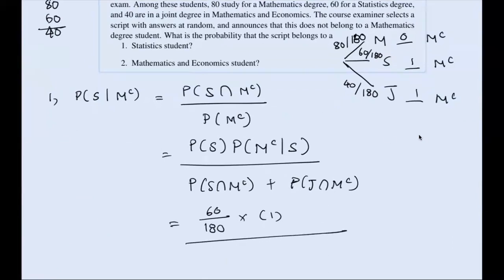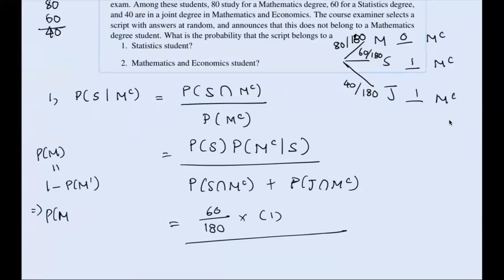Okay, I see a question here. Can you just do P(M) equal to 1 minus P(M prime)? Let's see. So you mean this one equal to this one here. Yes, you can definitely do that. Yep, that also makes sense.